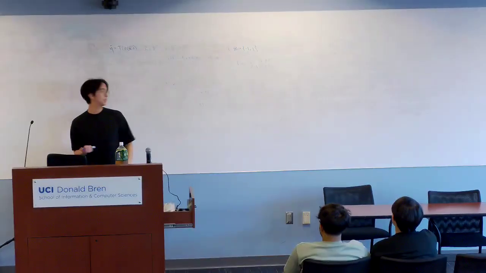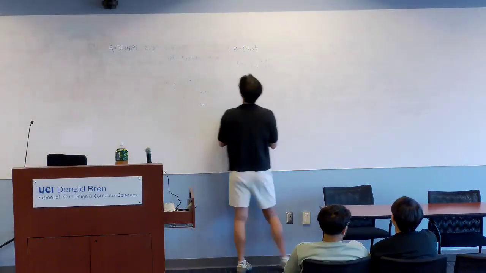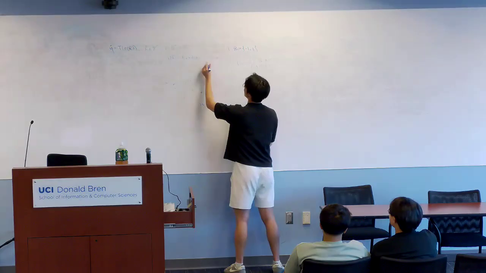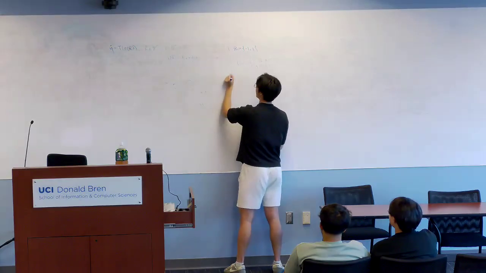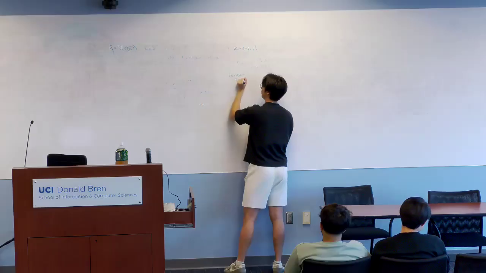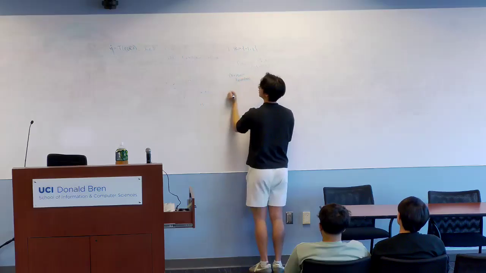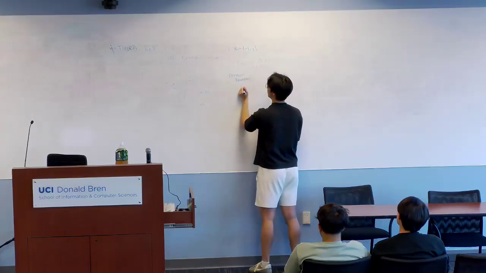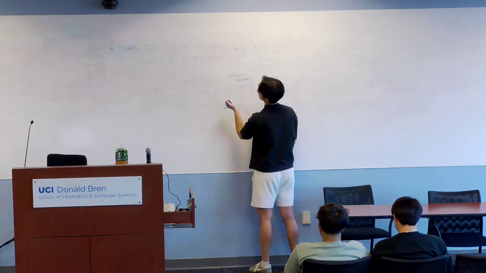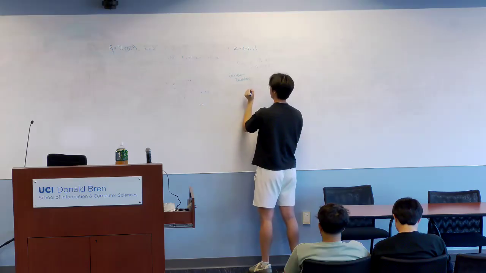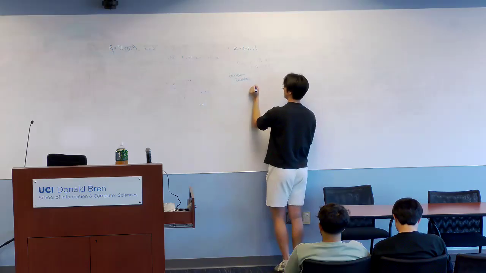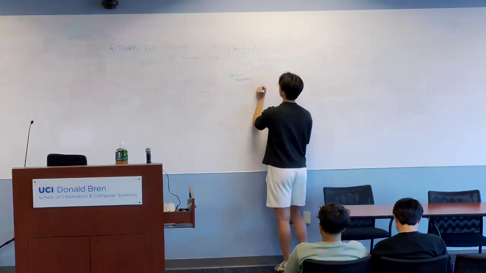Can you write that out? The decision boundary is when theta dot x, let's say our x is a column vector, so let's call it theta transpose x equals 0.